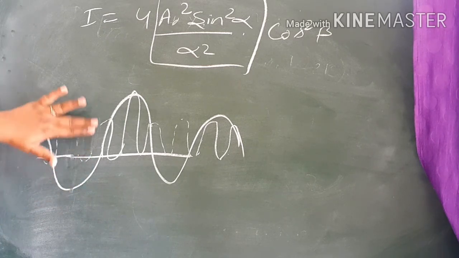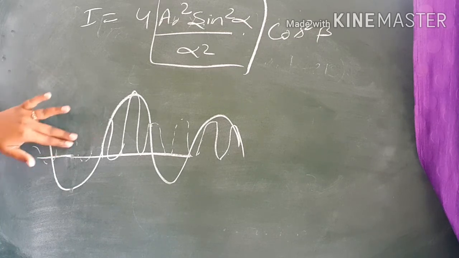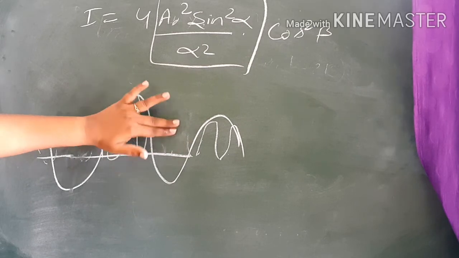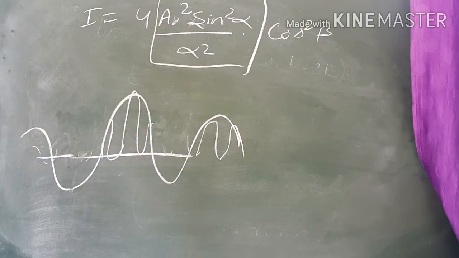This is minima totally. These maxima due to interference are missing in the pattern.